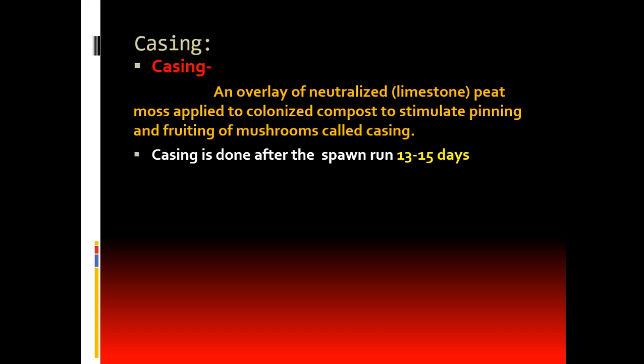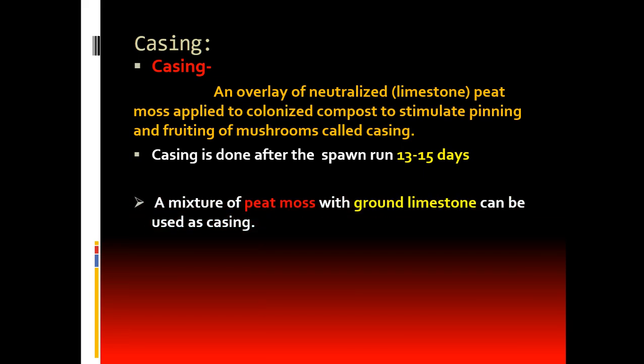It is applied over the pinheads. After spawning, the spawn run happens for 13 to 15 days, and then the pinheads open. Over the pinheads, we cover with the peat moss, soil and limestone mixture, which supports the fruiting bodies.